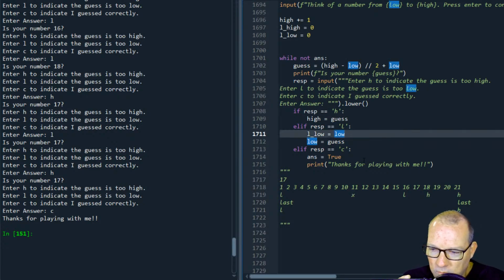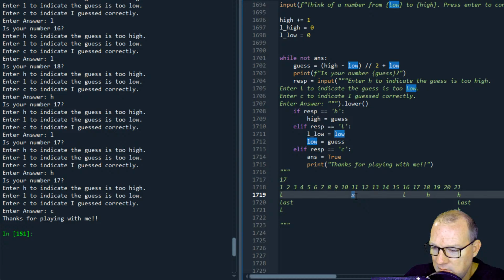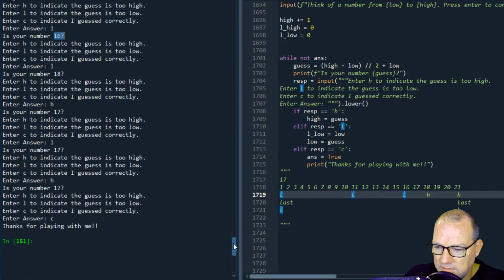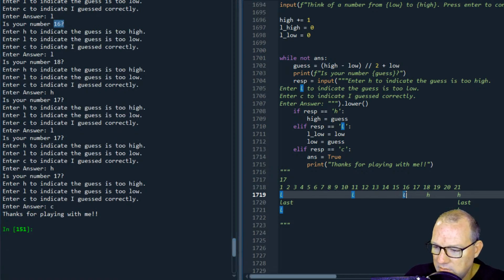Now, where in the world would we check this? So we need to check and make sure, because now that's low, and then our next guess will be 16. Yes. All right. So our next guess will be 16. Let's change that to there.